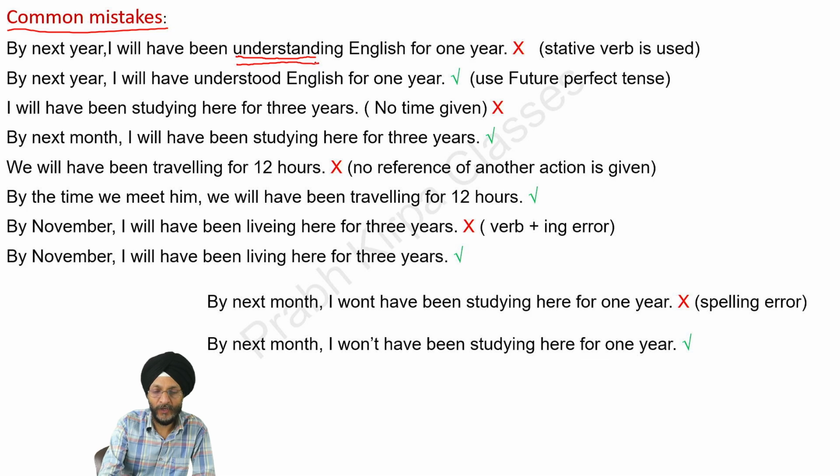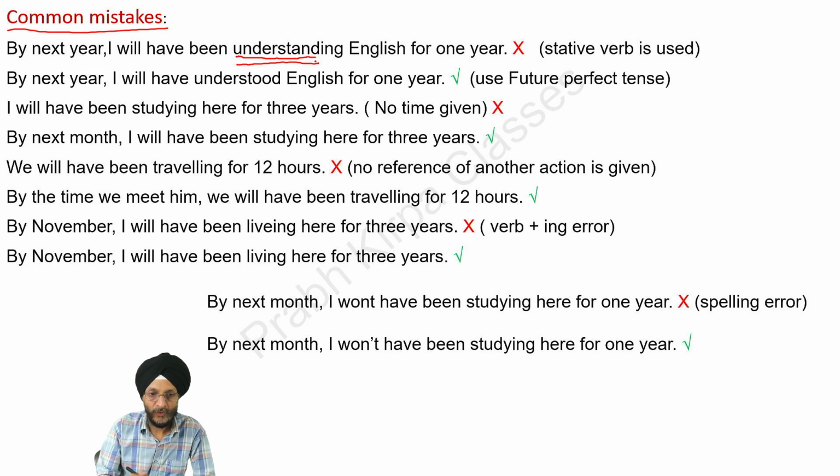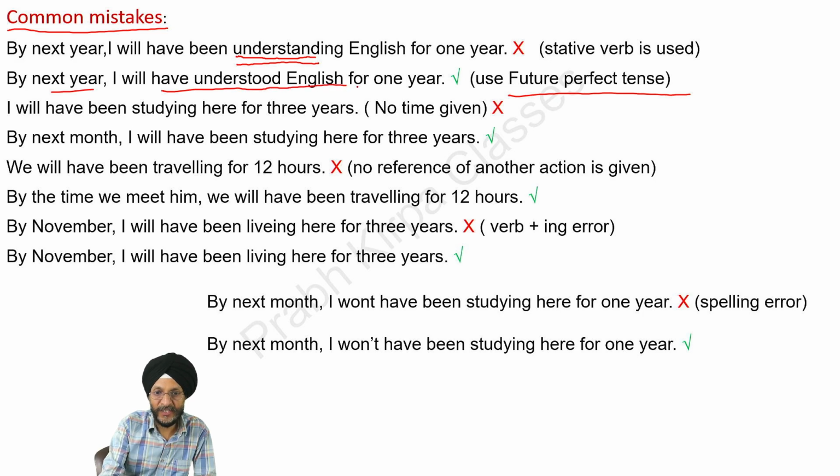As already told, a stative verb is not to be used in continuous form, whether it is present tense or past tense or future tense. So here we are talking about future. So here we will use future perfect tense. By next year I will have understood English for 1 year. Next, I will have been studying here for 3 years.